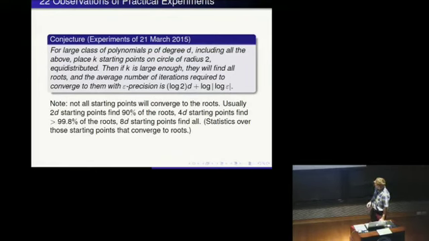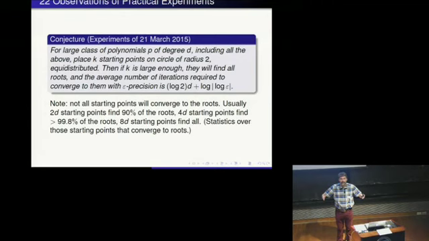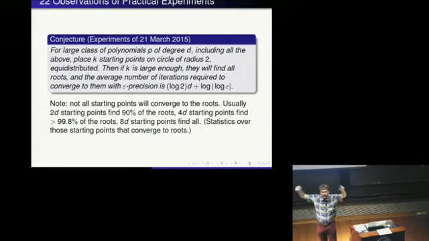And there are some results that we can prove and some observations that we cannot yet prove. This is what I want to share with you in the end. When you have a large class of polynomials of degree d, including all the above, you have the unit disk that contains all the roots. Then you start with starting points on radius, say, 2, a constant factor away from the unit disk, and you iterate all those points.